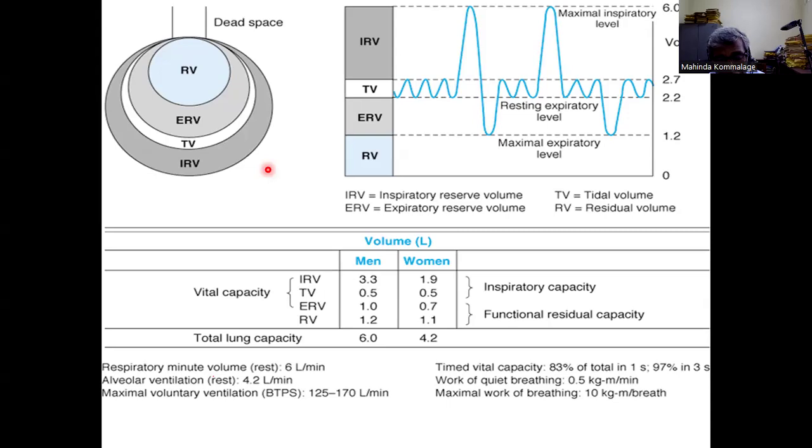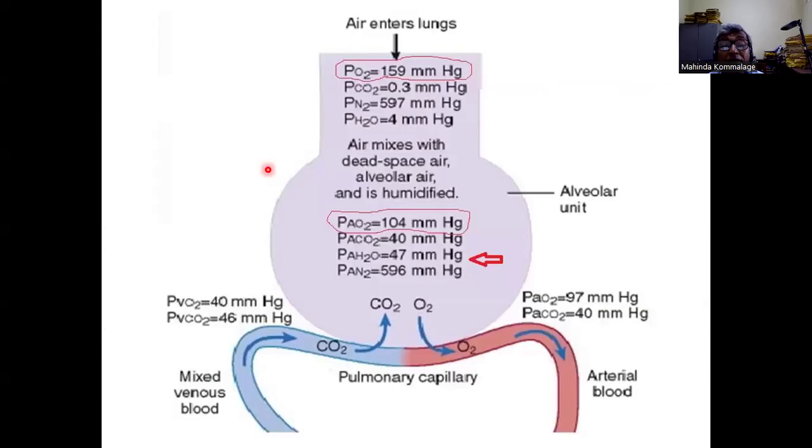When we talk about partial pressure, it's about the dissolved gases. So this is dissolved carbon dioxide. Oxygen is also dissolved. Of course, how it is carried in the blood, it binds to hemoglobin, bicarbonate, and there are things you need to understand. You will learn it later about carbon dioxide transport and oxygen transport.